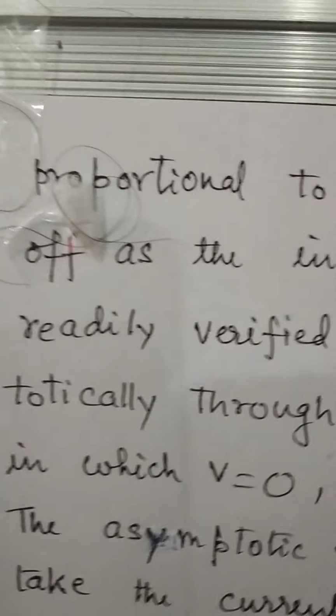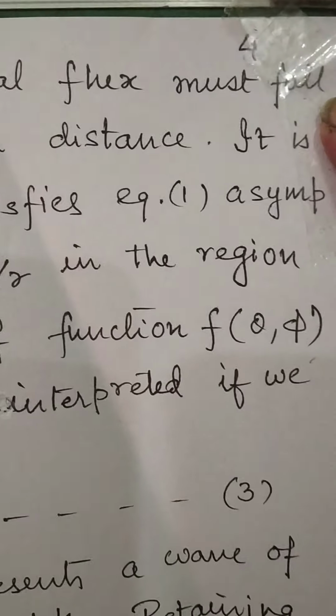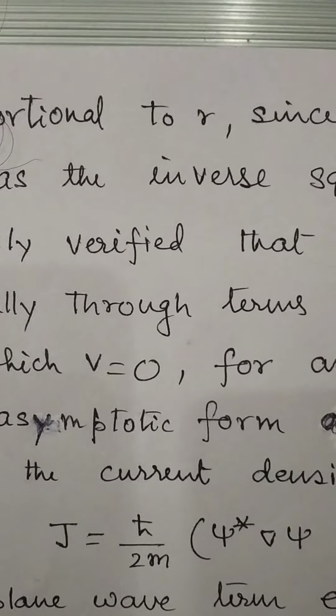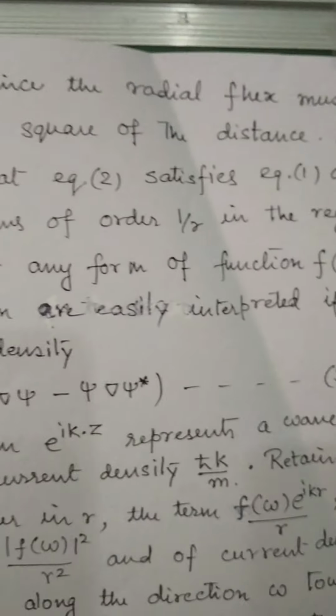Its amplitude depends on theta and phi and is inversely proportional to r, since the radial flux must fall off as the inverse square of the distance.